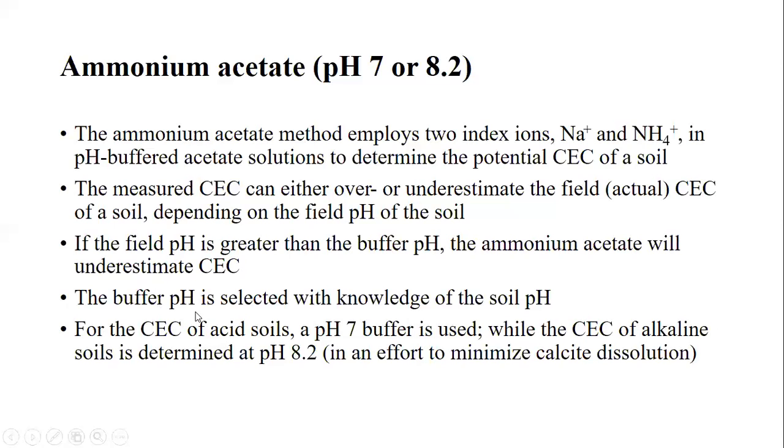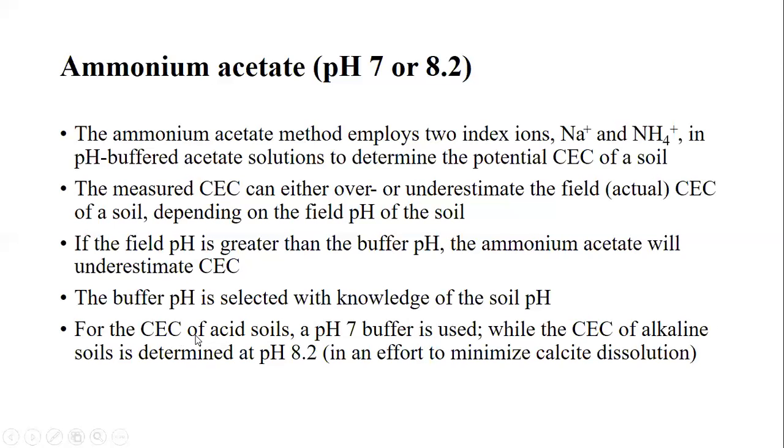If the buffer pH is higher, of course, the opposite is true. We don't have to go through the other way because you can understand. The buffer pH is selected with knowledge of the soil pH. That's why we have to choose a pH for the buffered system which is very close to our conditions. So the buffer pH is selected with the knowledge of the soil pH in the field.